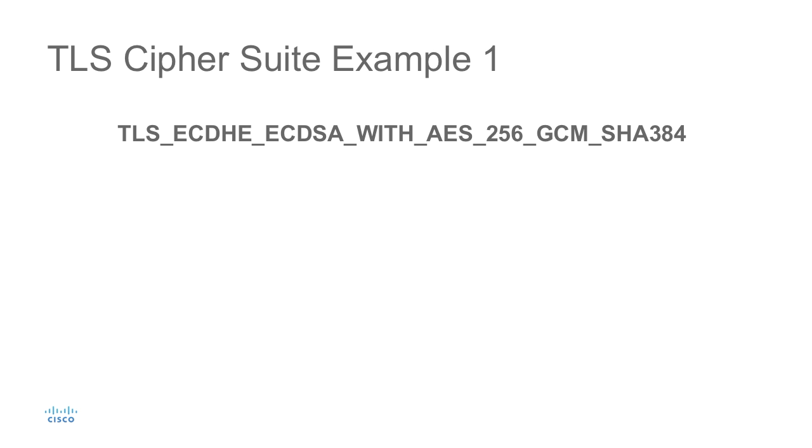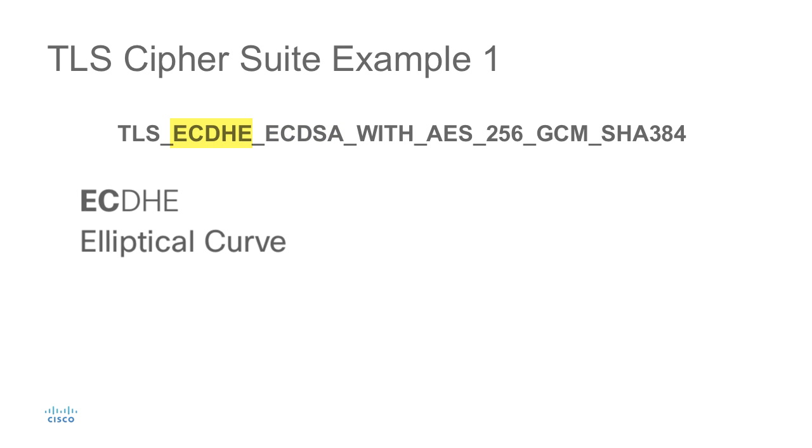So let's take a look at three examples. We're going to start out with our first example, which is one of the TLS cipher suites. This is TLS ECDHE ECDSA with AES-256 GCM SHA-384. Now let's break that down and see all the elements contained in here. First of all, this has ECDHE and ECDSA authentication and key exchange algorithms. What does that stand for?